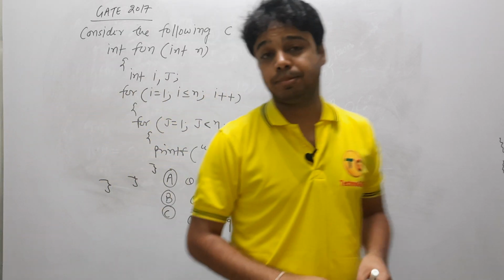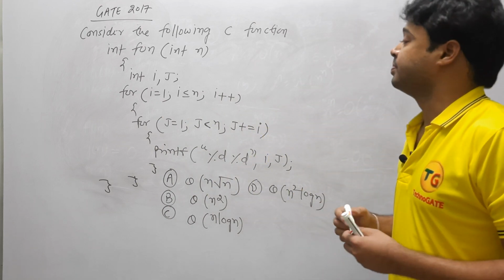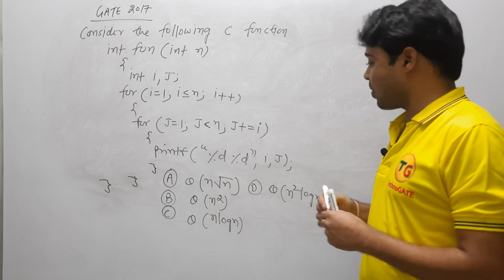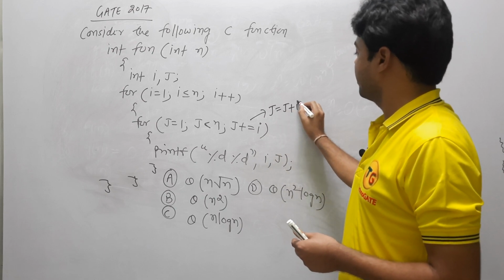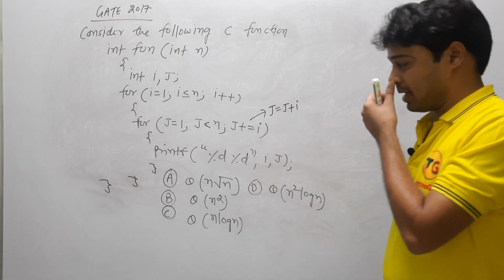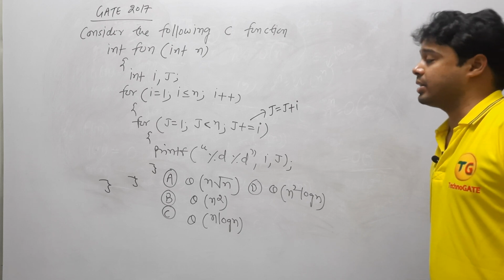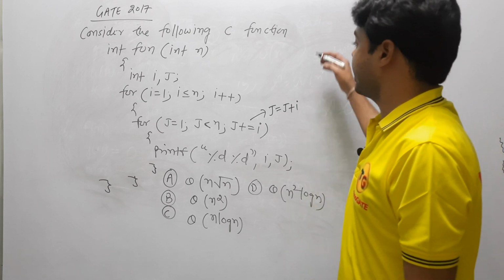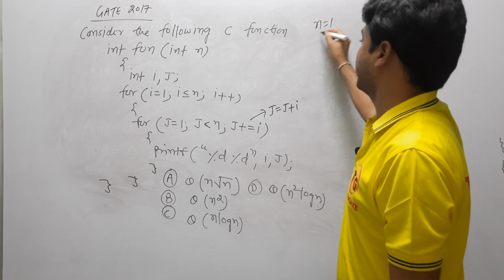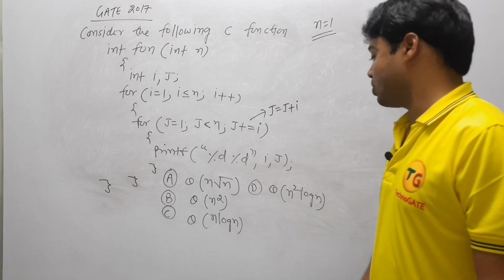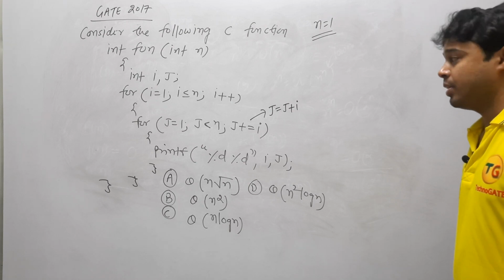Take any counter example. What is the meaning of j equals j plus i? Let's check: i is 1, and suppose we take n equals 1.